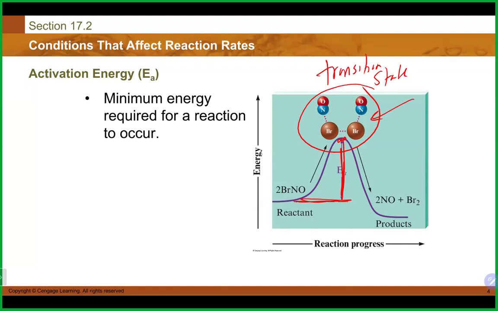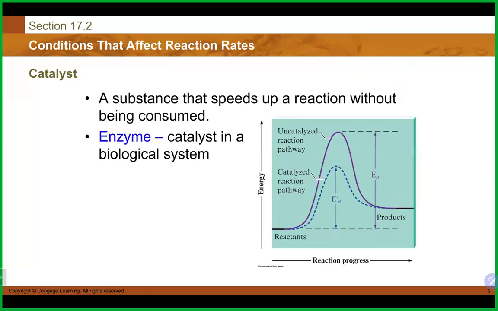We've talked about how that's very hard to isolate, because very quickly it just wants to drop down to a lower state of energy and come down the hill, because that's not a stable situation with partially made and partially broken bonds. As we can see, that is pretty much the height of energy in this reaction, and things in chemistry are much more stable at a lower energy than a higher energy. So again, it very quickly comes down to the other side.